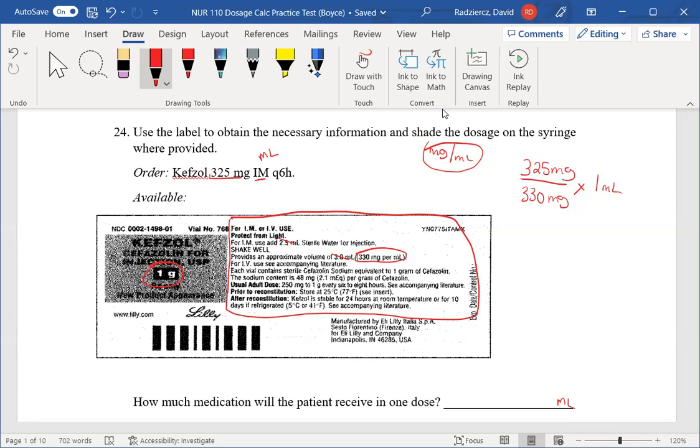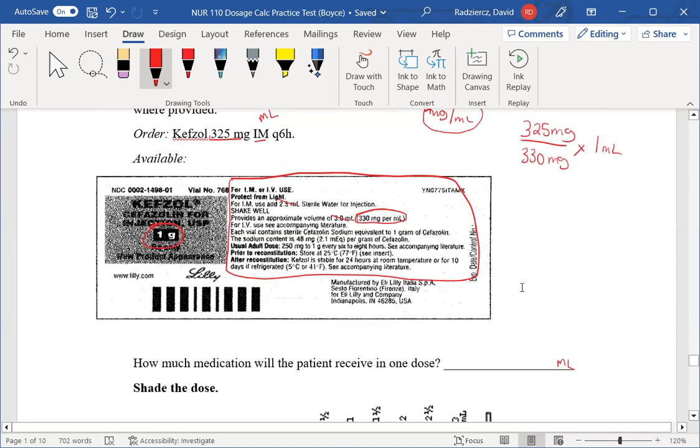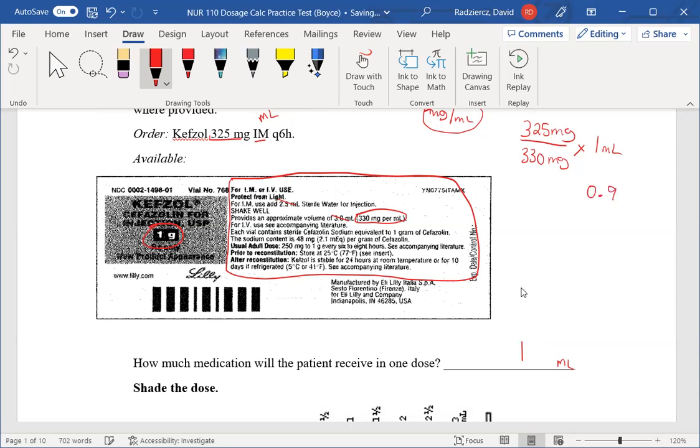Now when you get a number like that, and especially when we look at the syringe, you'll notice that we can't really measure 0.98. Well, 0.98 is obviously super close to 1 milliliter, which is what I would put for this answer. I know I've been trying to condition you to do the 0.98 milliliters, but that's close enough to 1, and I don't think it's close enough to just leave it at 0.9.